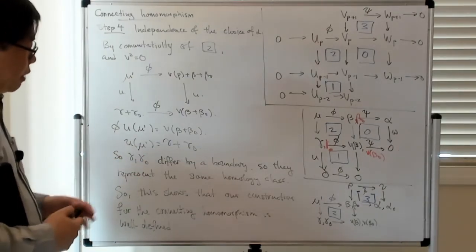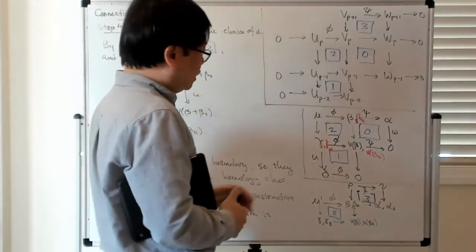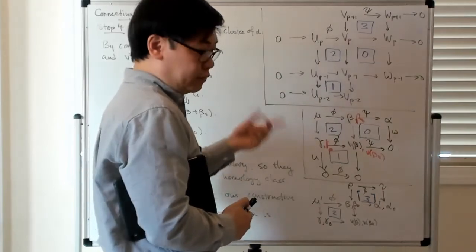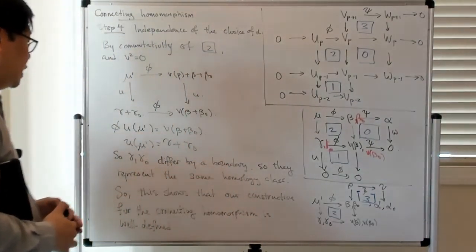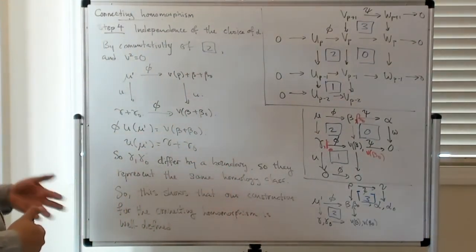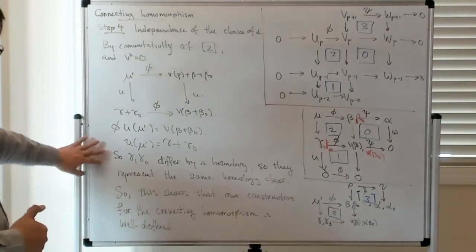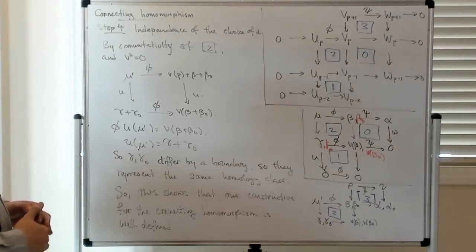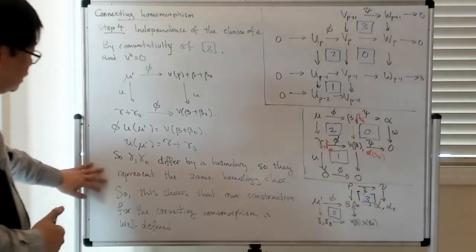The part which requires a little bit of work potentially is the one which involves the connecting homomorphisms. We're not going to show that, but at least you now have a candidate connecting homomorphism to verify that you have exactness. Okay, so let me just stop here for now.